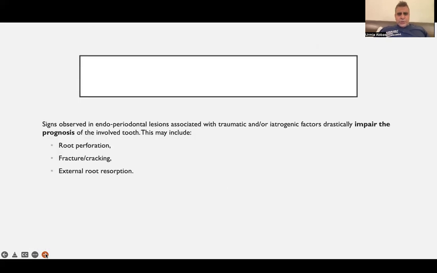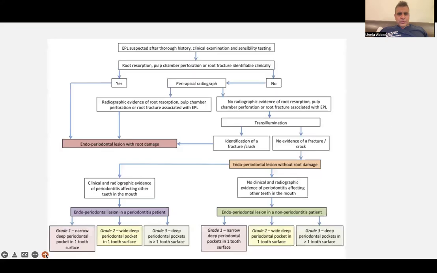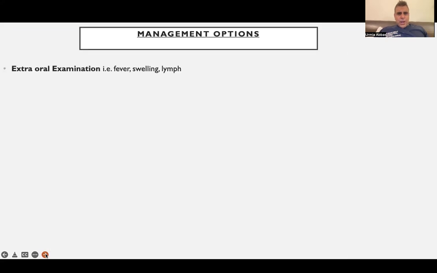Signs observed in endo-perio lesions associated with traumatic and or iatrogenic effects drastically impair the prognosis of the involved teeth. This may include root perforation, fracture, cracking, external root resorption. So how do you manage it? Extraoral examination: fever, swelling, lymph nodes are checked. Then you take the history, that is trauma and pain history, previous treatment.